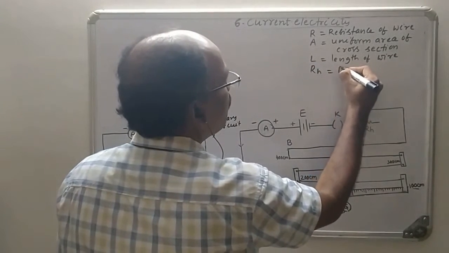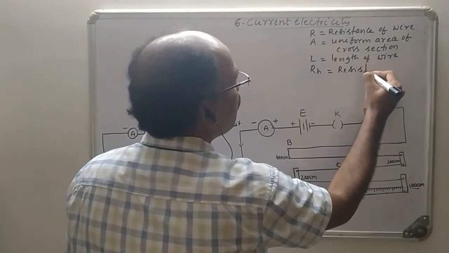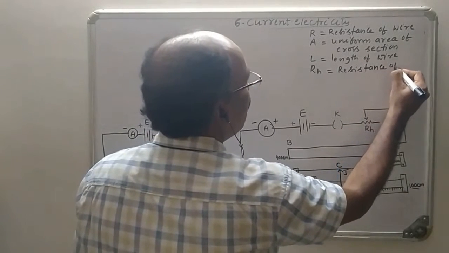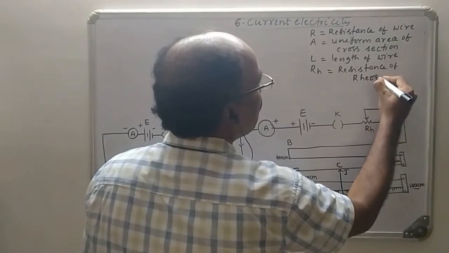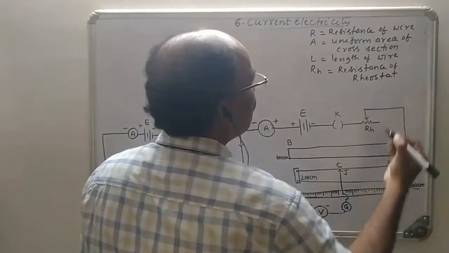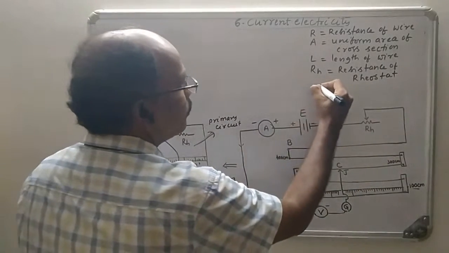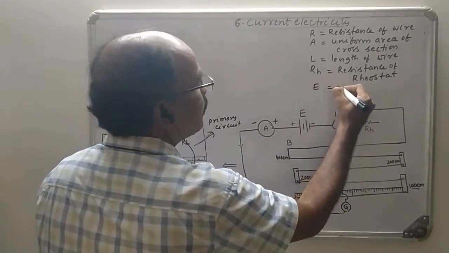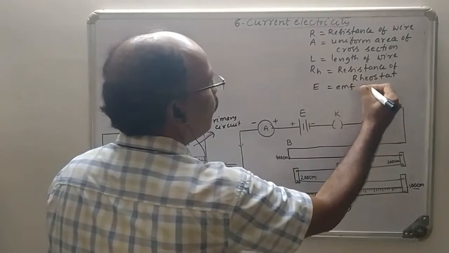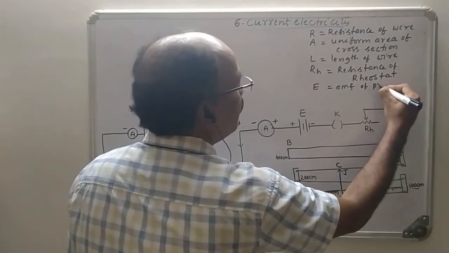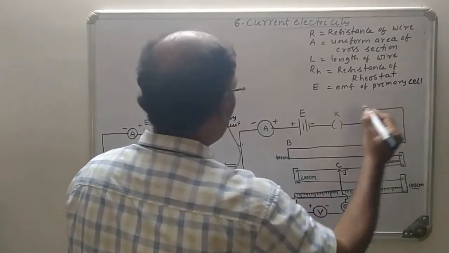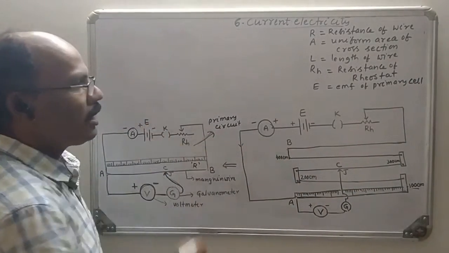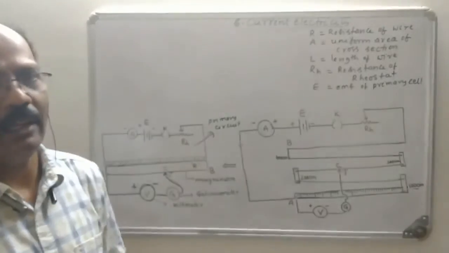RH is the resistance of the rheostat. E is the EMF of the primary cell. So this is the primary circuit. Capital E is the EMF of the primary cell.